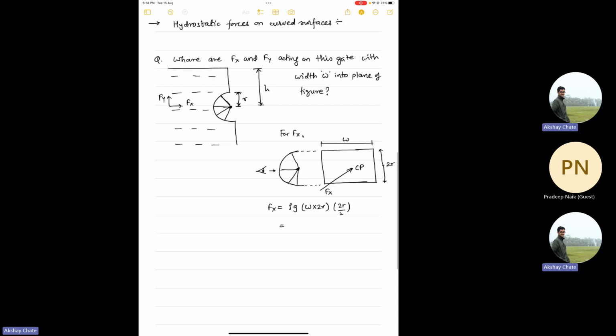So if you just simplify it, one second. Yes, this 2r by 2 is okay. I think I should write it properly.